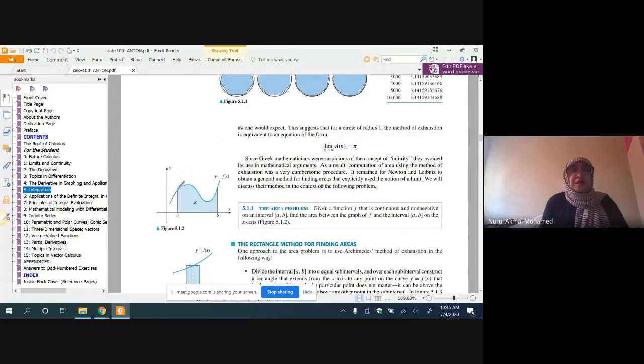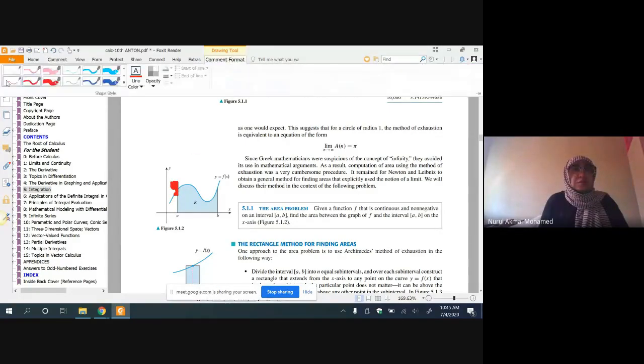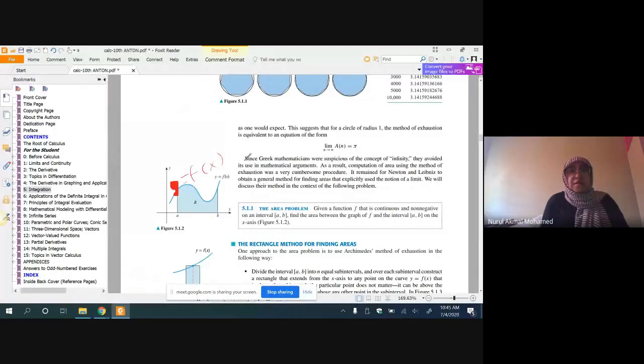So let's say you have a curve defined by y is equal to f of x. If you have the integration of f(x), you integrate with respect to dx, and the limits of the integration is x from a up to b, then this value will be a specific number, which is defined by the area under the curve.